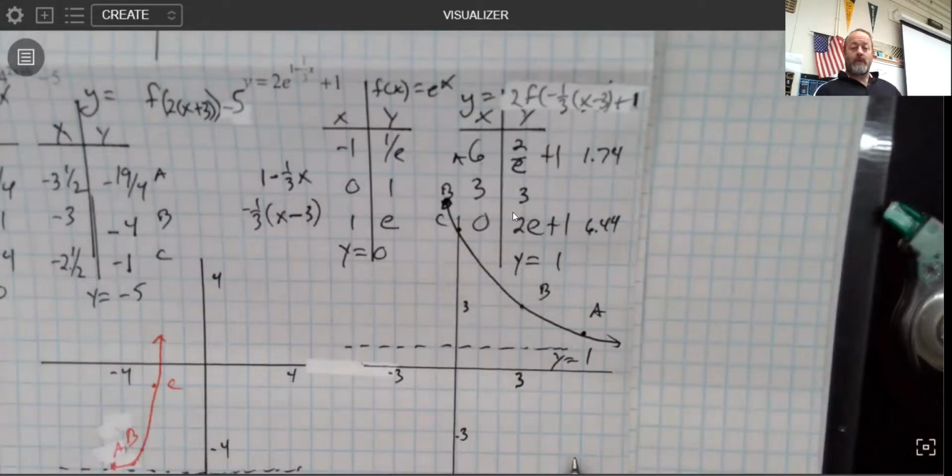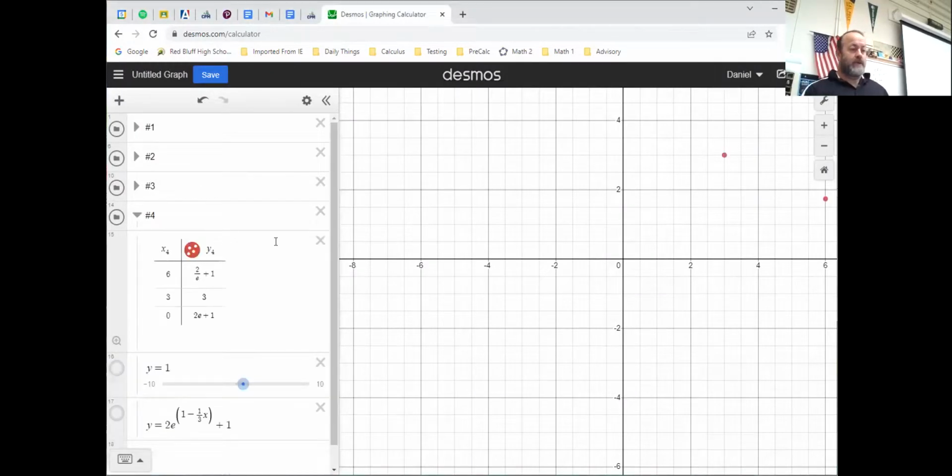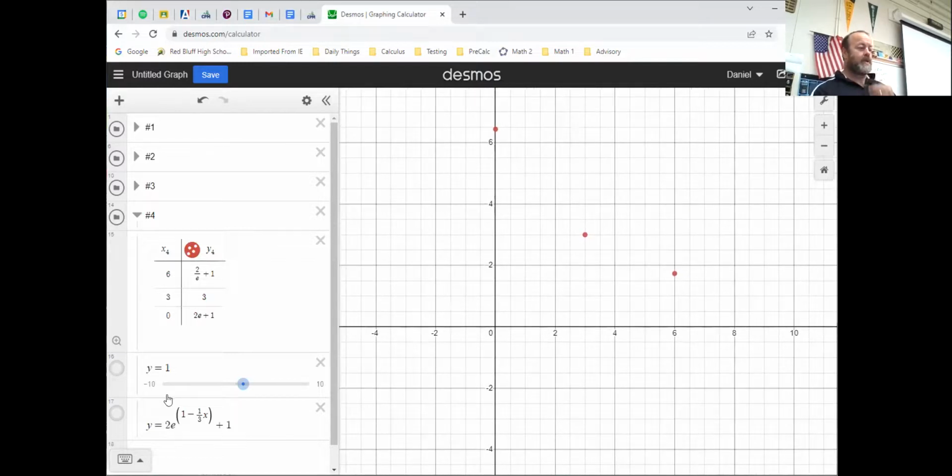So let's go ahead and throw these data values into a table and make sure that my data values were in fact accurate. Let's put our horizontal asymptote in and see how it worked. So let's see. Back to Desmos, here we go. Number 4. I put those values into my table. Oh boy, they don't fit very well, so I need to move this around just a little bit.